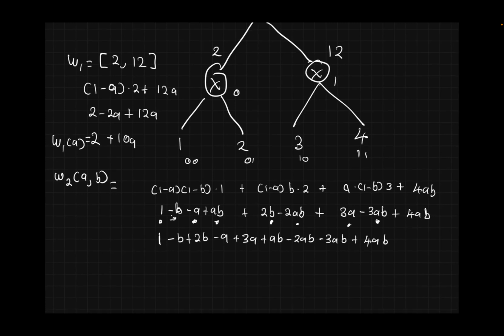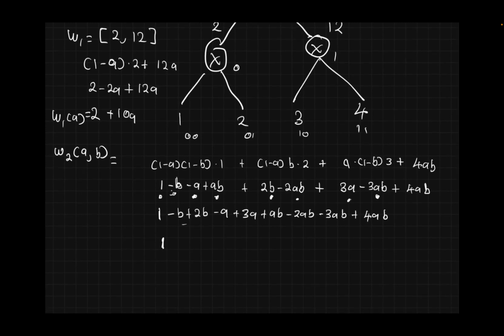So constant will remain, and this will be B, plus 2A. This is 1 minus 2 minus 3 plus 4. That's 1 minus 0. This is 0. 1 minus 4 plus 1 is 5. So this is what our W2 polynomial reduces to.